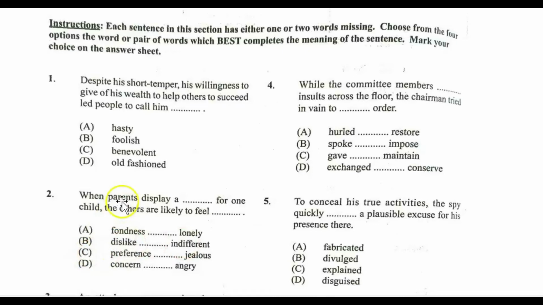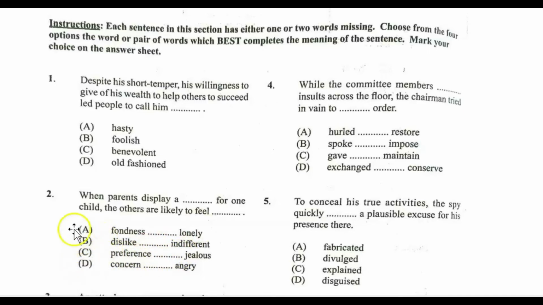Option C. When parents display a preference for one child, the others are likely to feel jealous. Does this sound like something we can relate to? Does it happen quite often? All right. Seems like we can come back to this one.